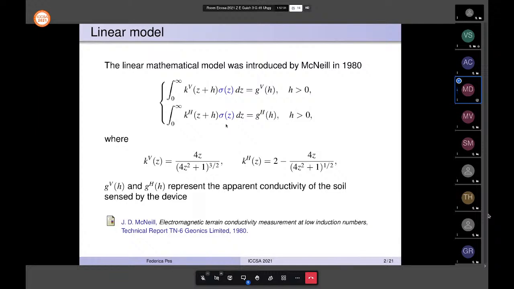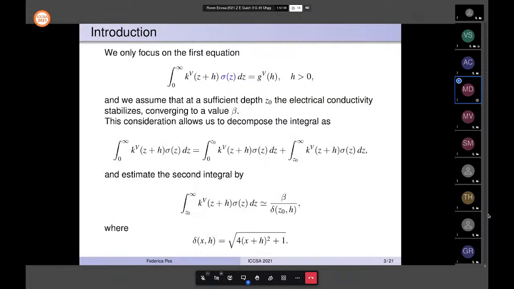Our unknown is the function sigma. K_v and K_h are the kernel functions, and the right-hand sides, g_v and g_h, represent the apparent conductivity of the soil. In this presentation and in this work, we only focus on the first equation.